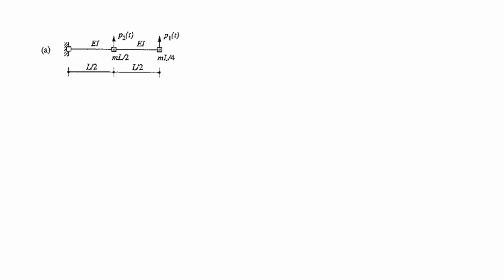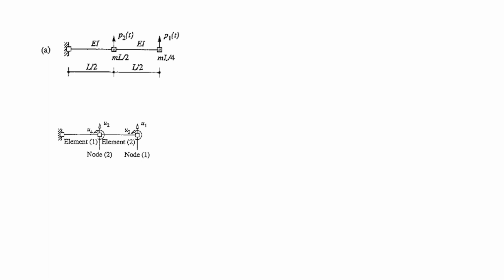Now here in this let us first start with that this beam has 2 beam elements and 3 nodes. Now the left node is constrained and the other 2 nodes have 2 degrees of freedom each. Now which are the 2 degrees of freedom? Number 1, you have P1, and number 2 you have P2.